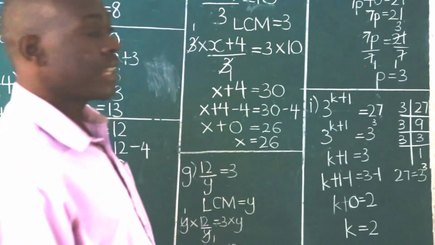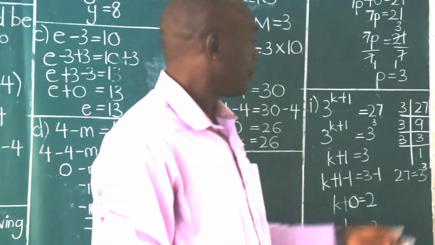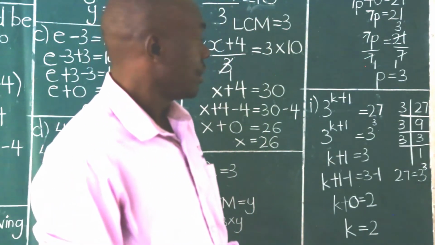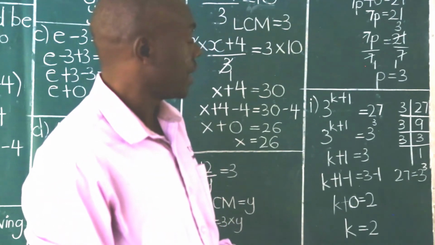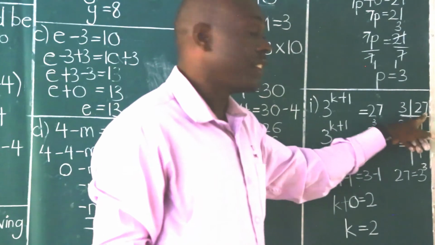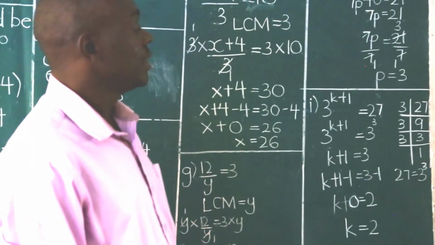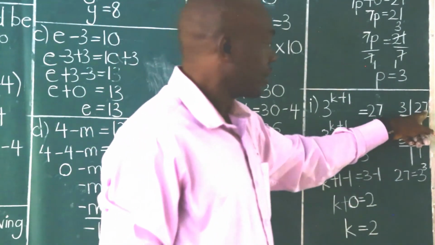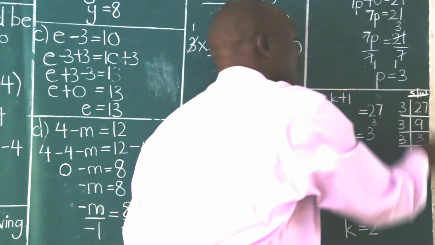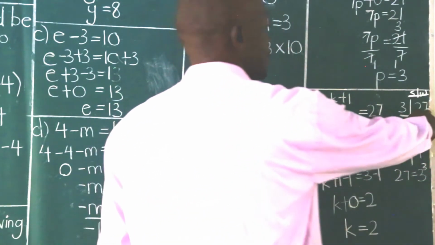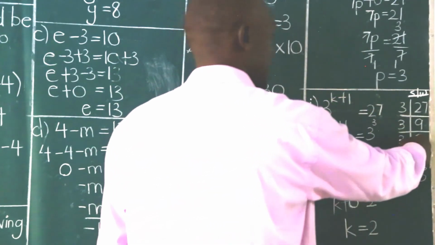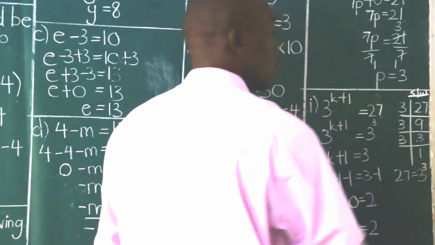You are going to use the idea of factorization you learned in the first term to work out this number, meaning express 27 in powers of 3, or indices of 3. 27 must be divided by 3 throughout. You say 27 divided by 3, you get 9, 9 divided by 3, you get 3, 3 divided by 3, you get 1.